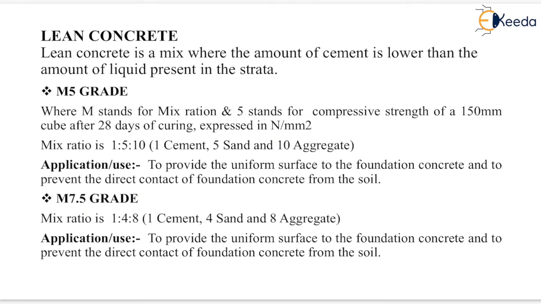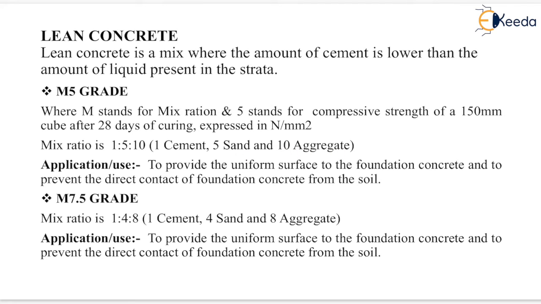The M5 grade and M7.5 grade concrete come under lean concrete, where M stands for mix ratio and 5 stands for compressive strength of a 150 mm cube after 28 days of curing, expressed in Newton per mm square. Mix ratio for M5 is 1:5:10, where 1 stands for cement, 5 stands for sand and 10 stands for aggregate.